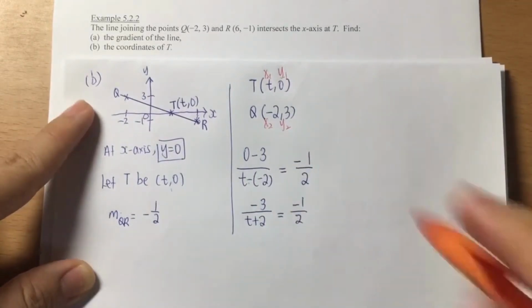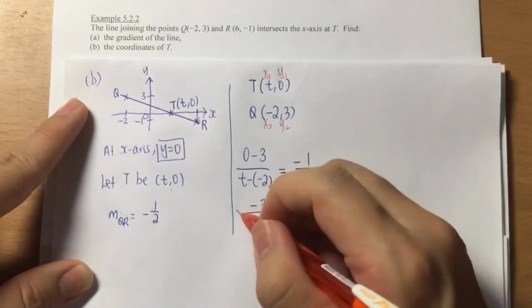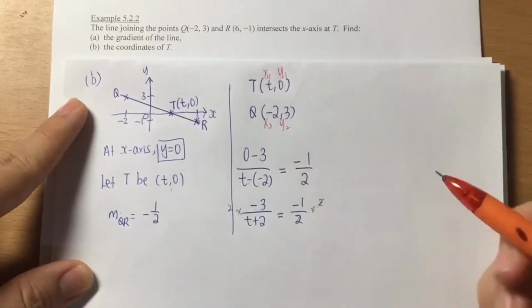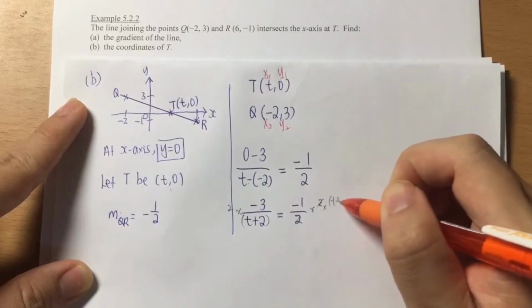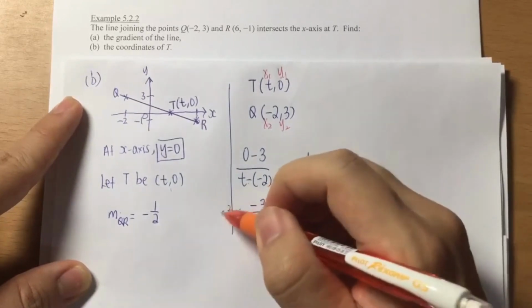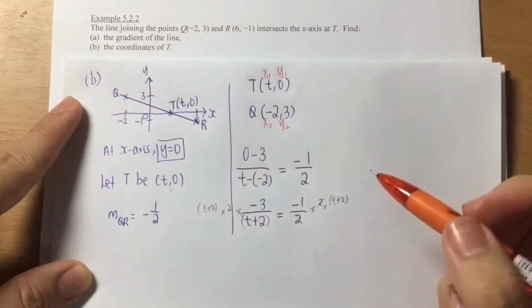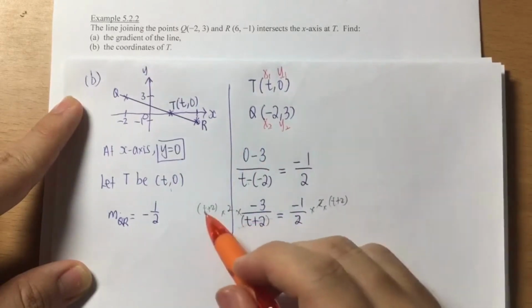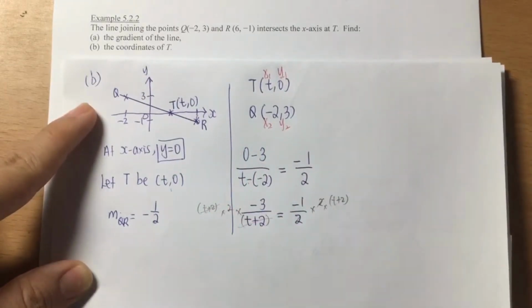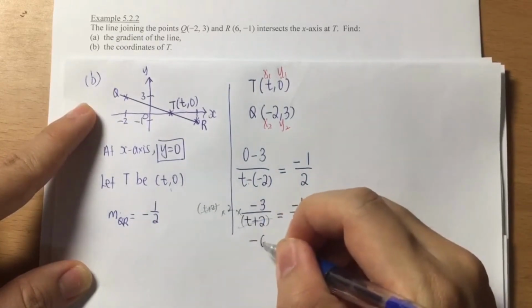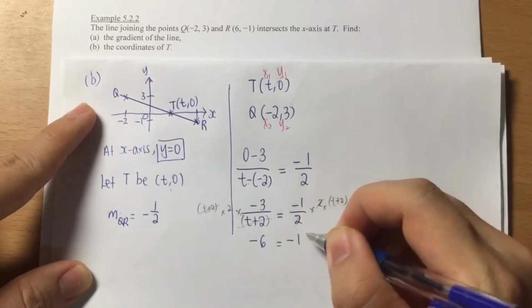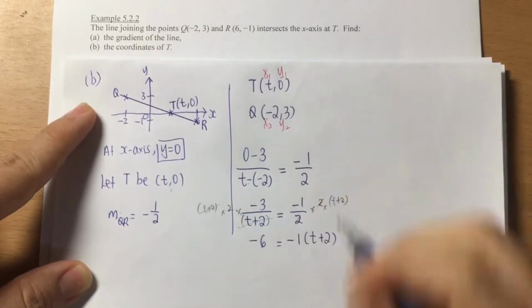And I'm going to times 2 so that here can divide off. And I'm also going to times t plus 2 so that this side will divide off, and I'm left with -6 equals -1 bracket t plus 2.